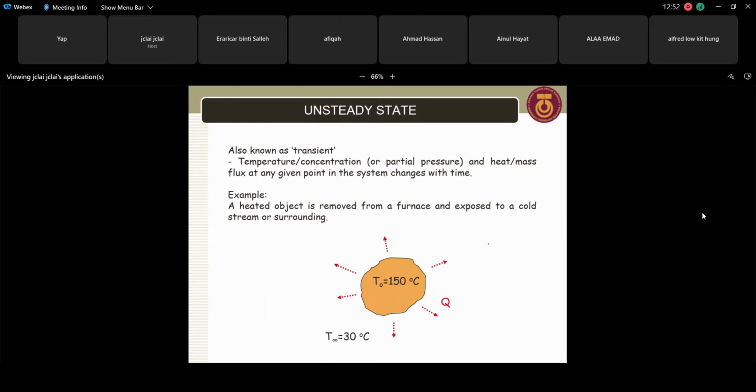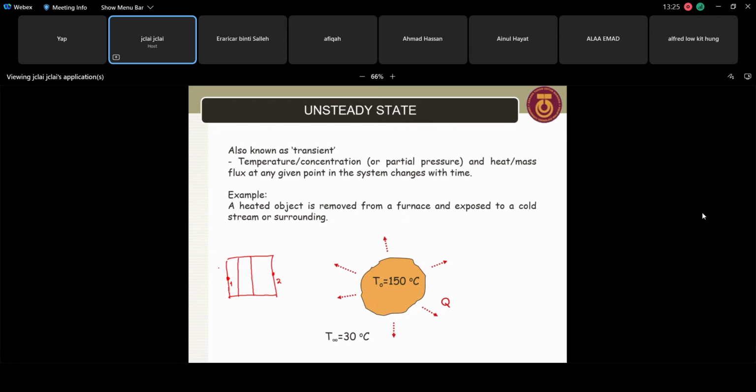So in steady state, like I mentioned before, for example, we want to study, say, many layers. We want to calculate the heat transfer rate from point number 1 to point number 2.